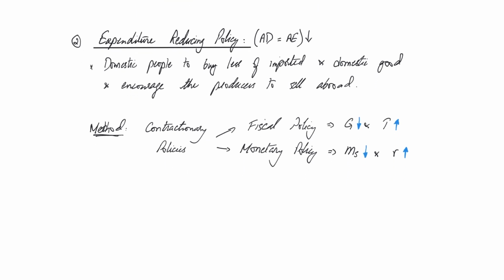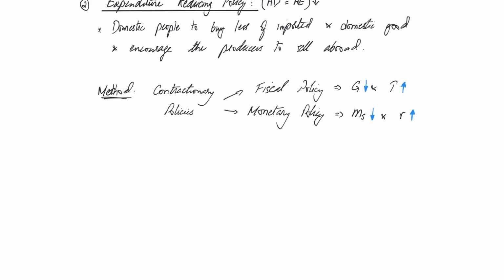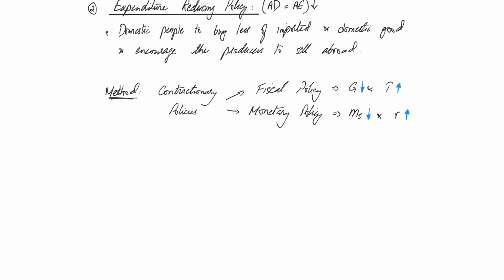Now, when I say this policy is harsher, it's because a fall in aggregate demand is not good for the economy, because it reduces the demand for goods and services in the local market, which causes the prices to fall, which causes the local industries not to be able to use a lot of resources.